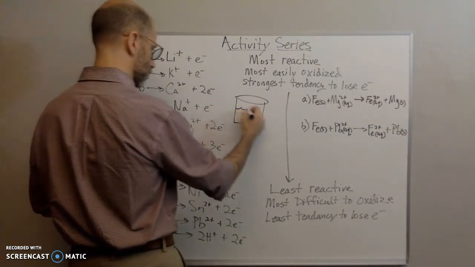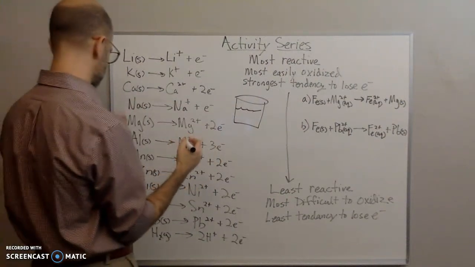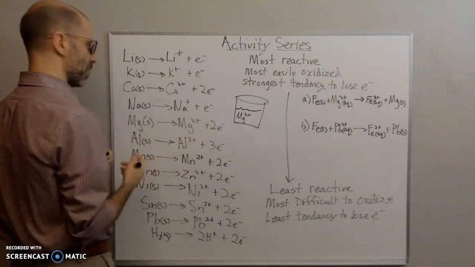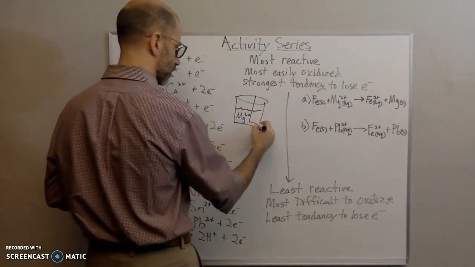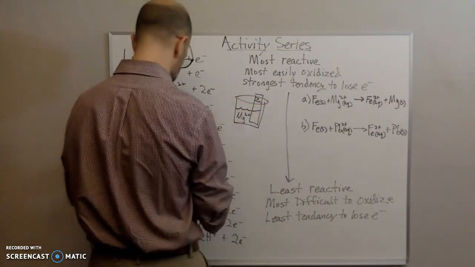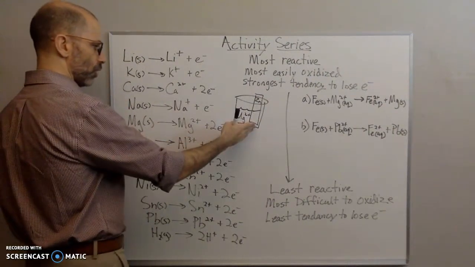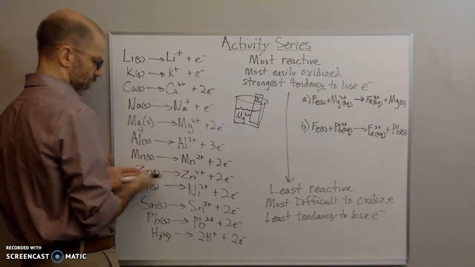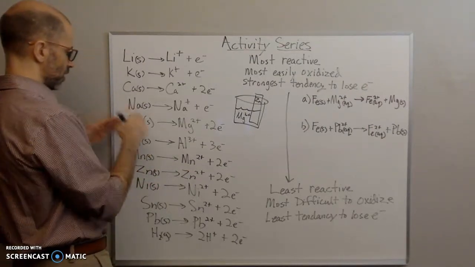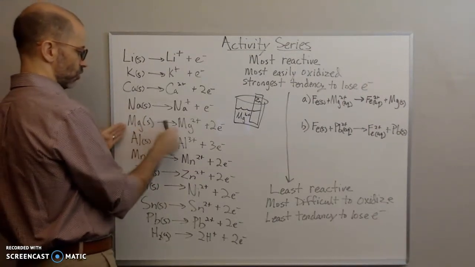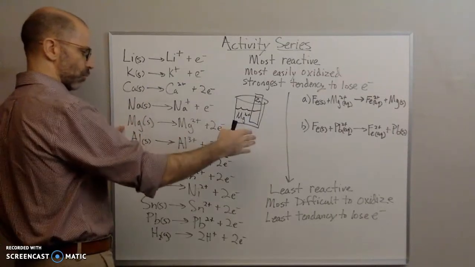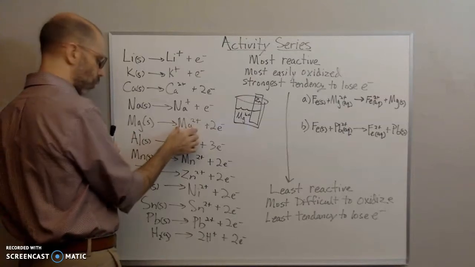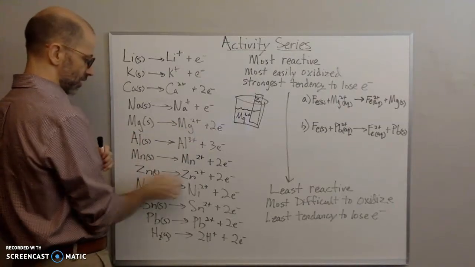So in my solution I have, let's say, magnesium 2+ solution, and I put zinc in there. So will this react? I have zinc metal here, which is below the magnesium. So magnesium wants to give away electrons more. So it wants to be in this state more than zinc does.